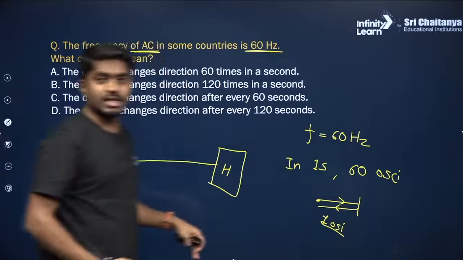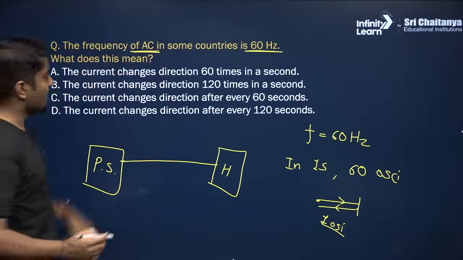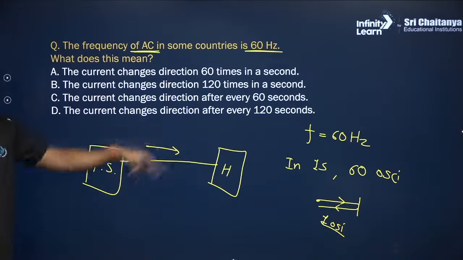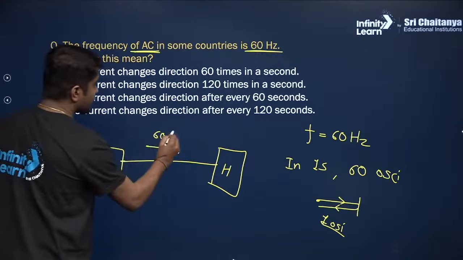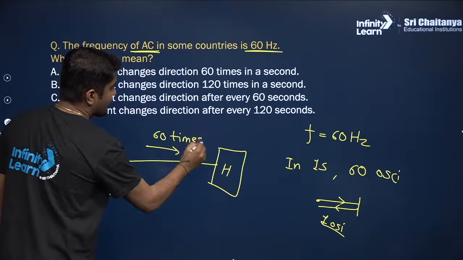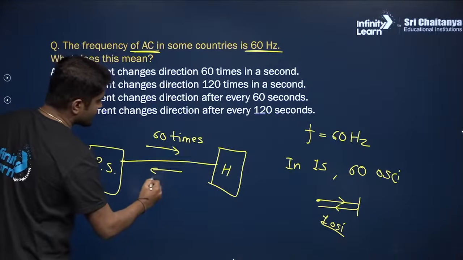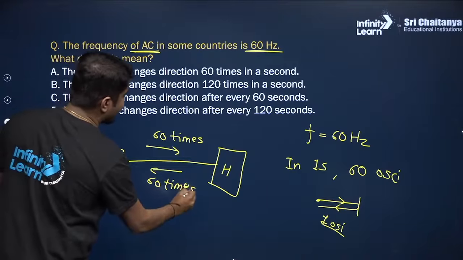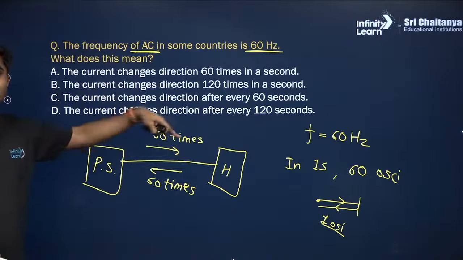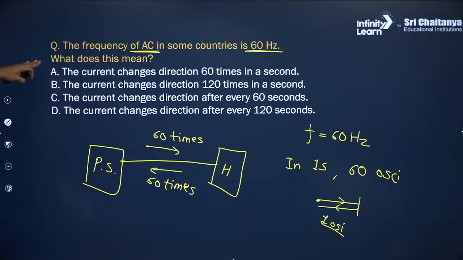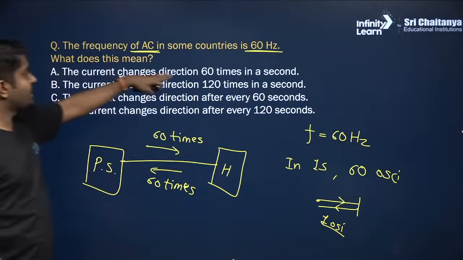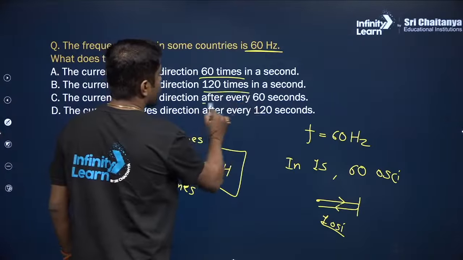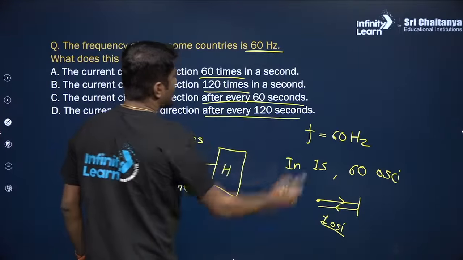So if it is 60 hertz, the current will go from the power station to our houses 60 times, and from our house to the power station 60 times. So how many times does the current change direction? The options are: 60 times, 120 times, after every 60 seconds, after every 120 seconds.